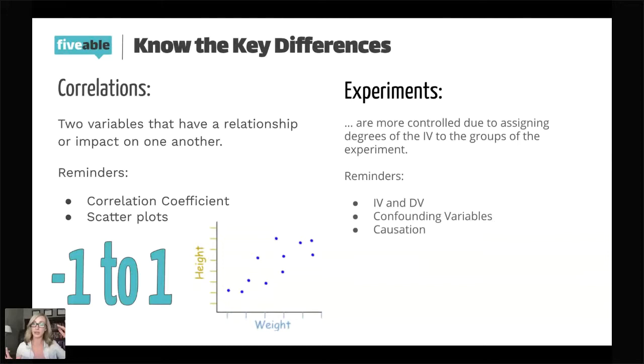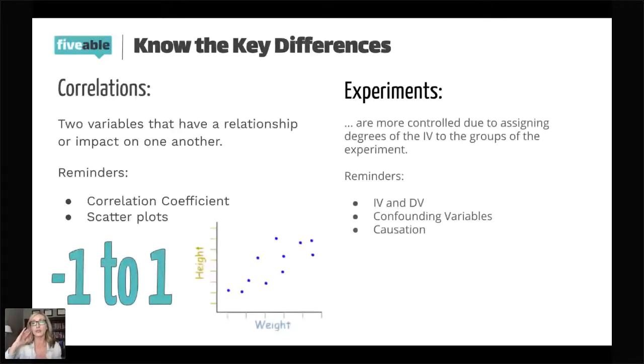It's going to be closer to 0, whether that's like negative 0.01 or positive 0.01. The more scatter, the less strength. The less scatter, the stronger that relationship is between the X and Y axis, the two variables. Okay, now experiments are more controlled, okay?